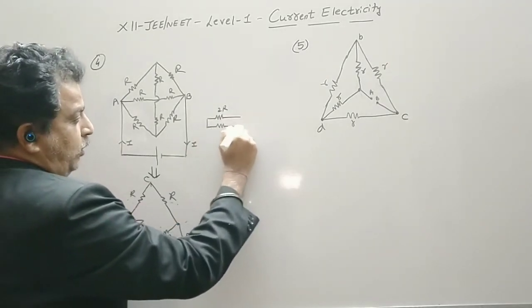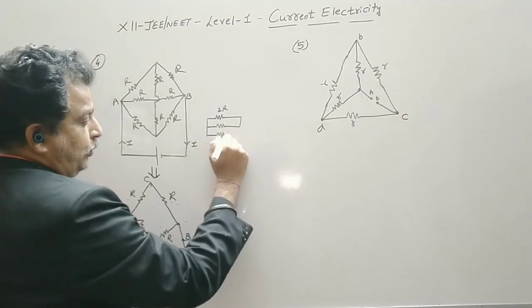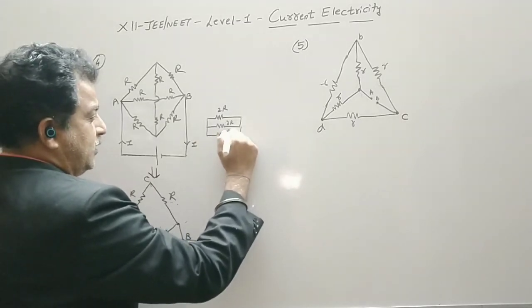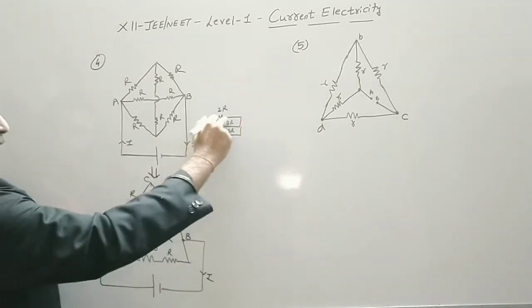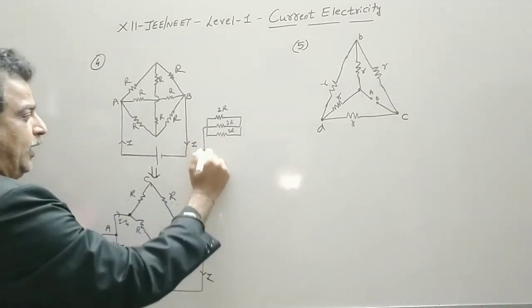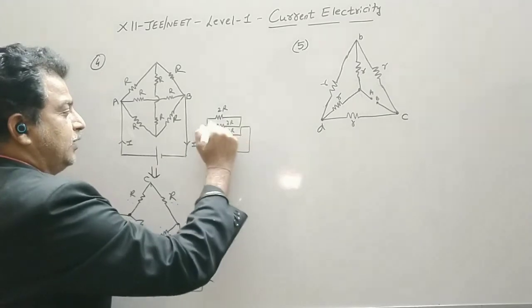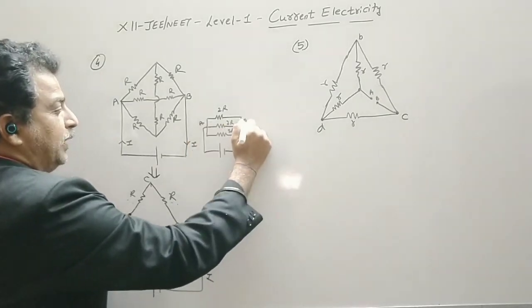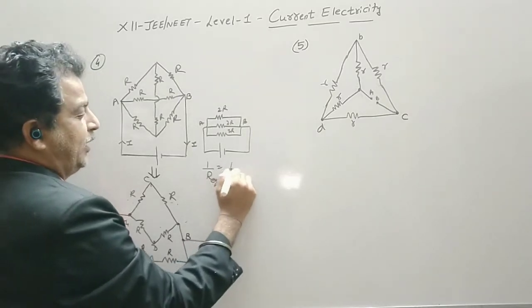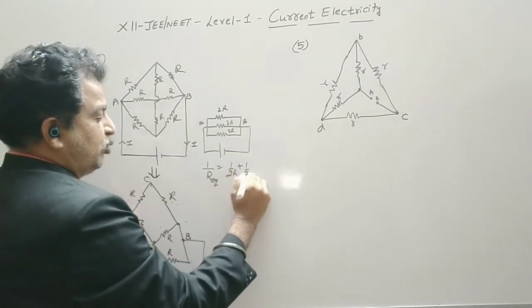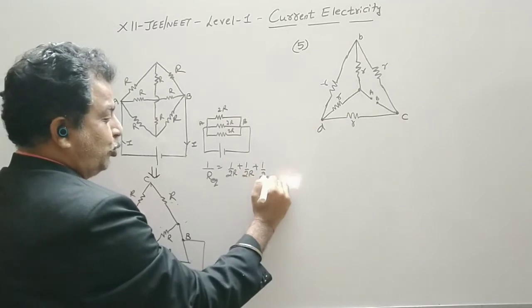So we have three rows of 2R resistance: R R 2R, R R 2R, R R 2R, and then we again have a battery, with point A and point B. So what will be the equivalent resistance? 1 upon R equivalent is 1 upon 2R plus 1 upon 2R plus 1 upon 2R.